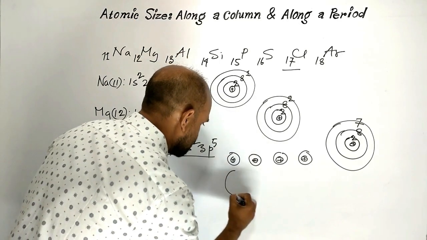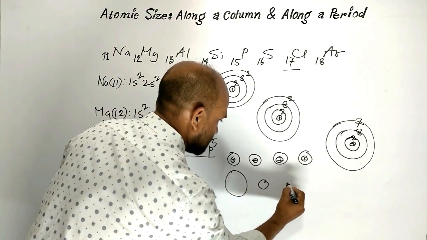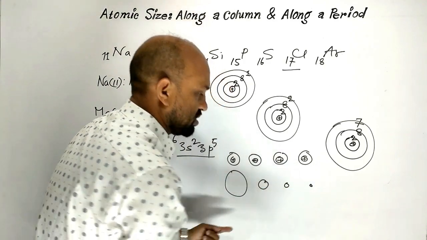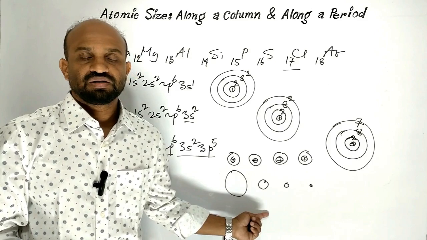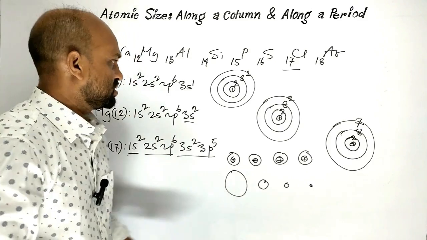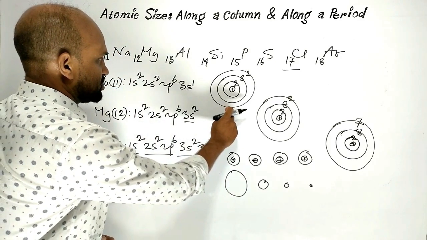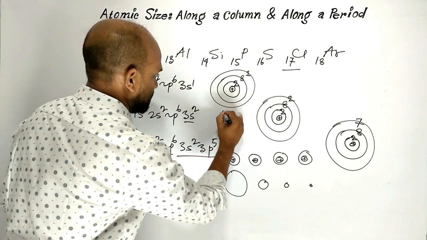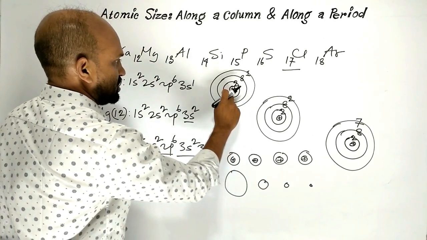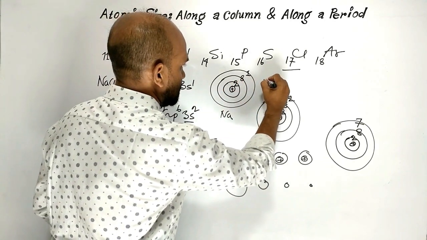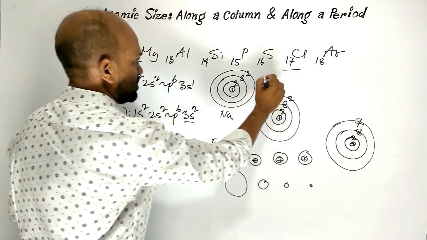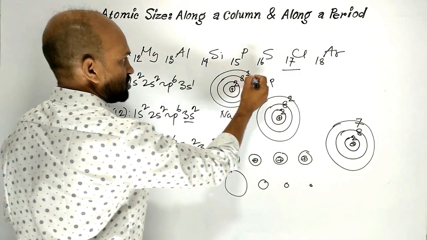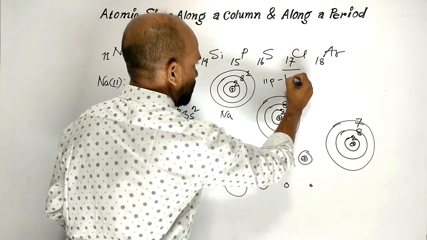It decreases like this. What is the reason behind this? Here, in case of sodium, the nucleus contains 11 protons and the outermost shell contains 1 electron.